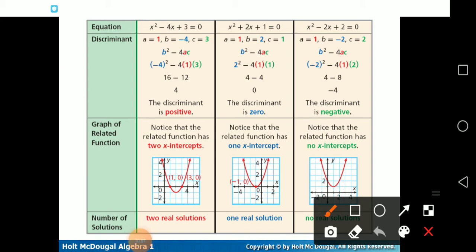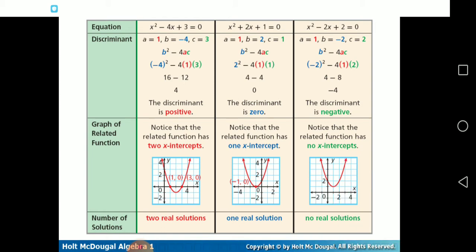Negative means we don't have any x's, so no x-intercept.